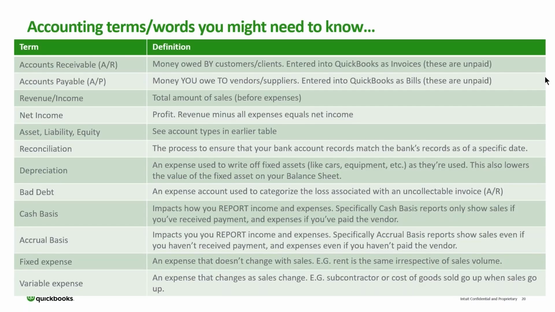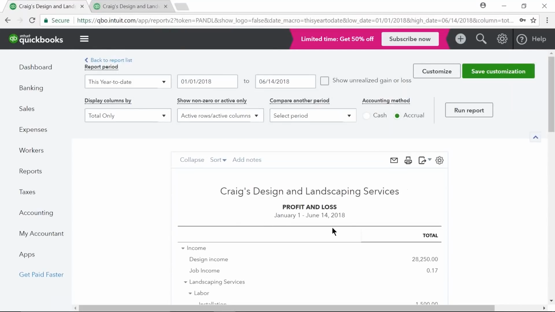Now, whenever we're looking at these various financial statements, I want to show you a couple of cool things you can do with them. So on the profit and loss statement, we were looking at it earlier and we saw the date range up here at the top. But in addition to just being able to set the date range, we can also have QuickBooks rearrange the profit and loss statement to give us information about different aspects of our business.